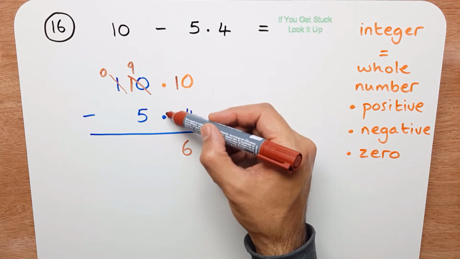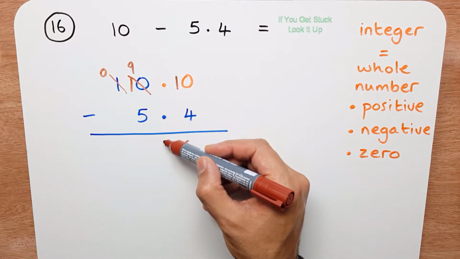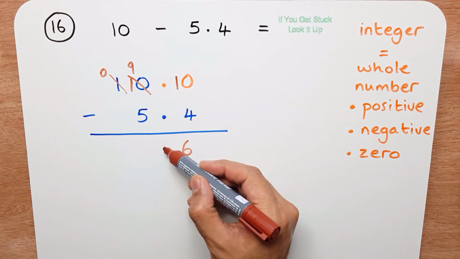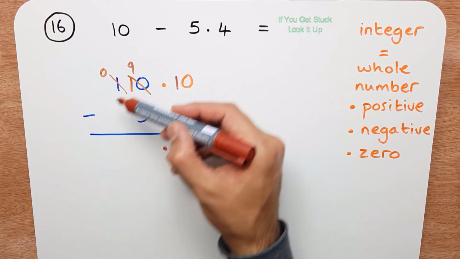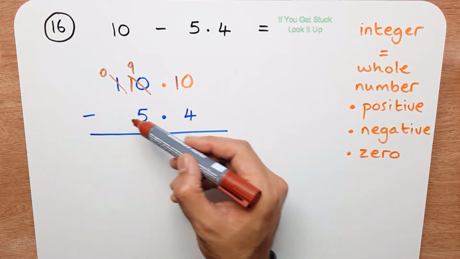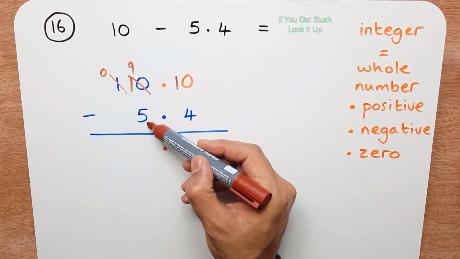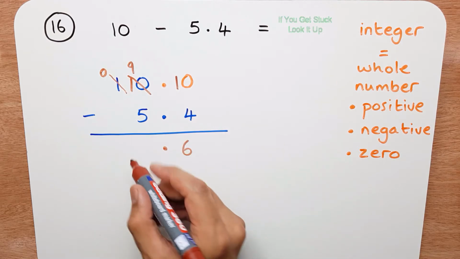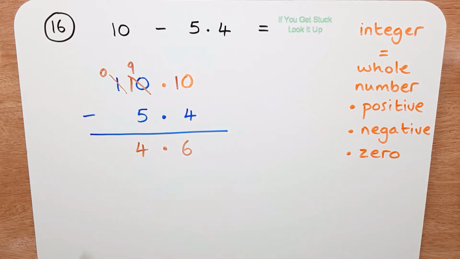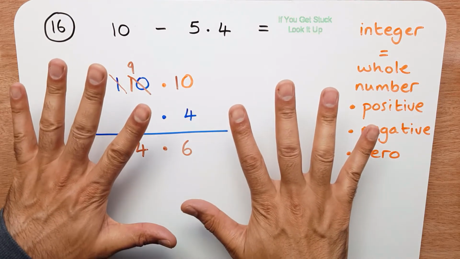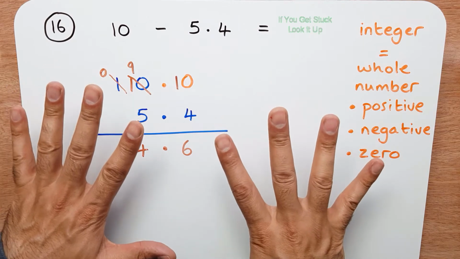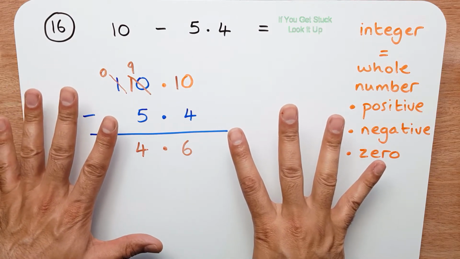Now with these decimal points, we have to be careful. We're going to line our decimal point up here as well. It's very important you keep everything lined up. It avoids silly mistakes. So now we have 9 take away 5, and that is 4. Now if you're unsure about this, there's 10 and there's 9, and we need to take away 5.